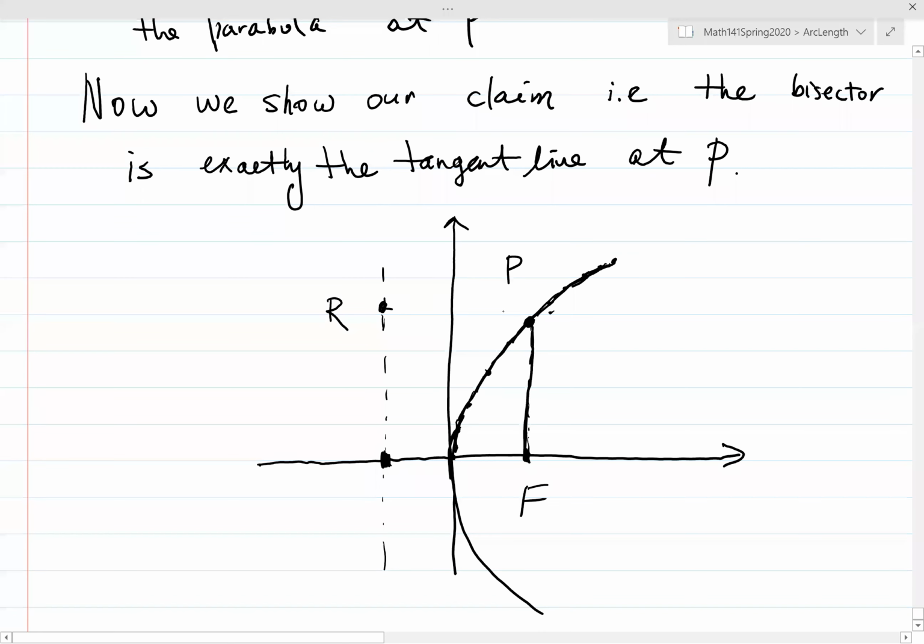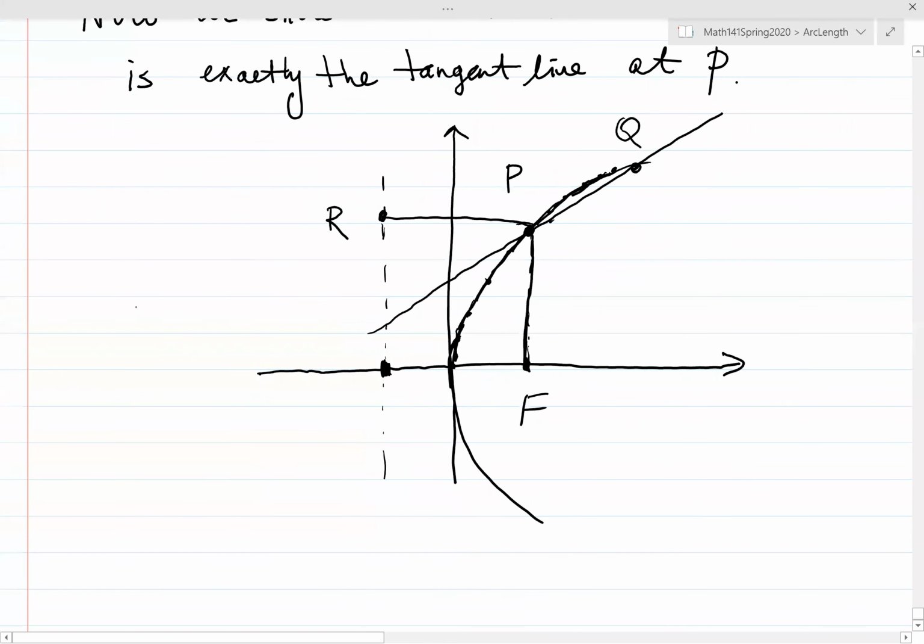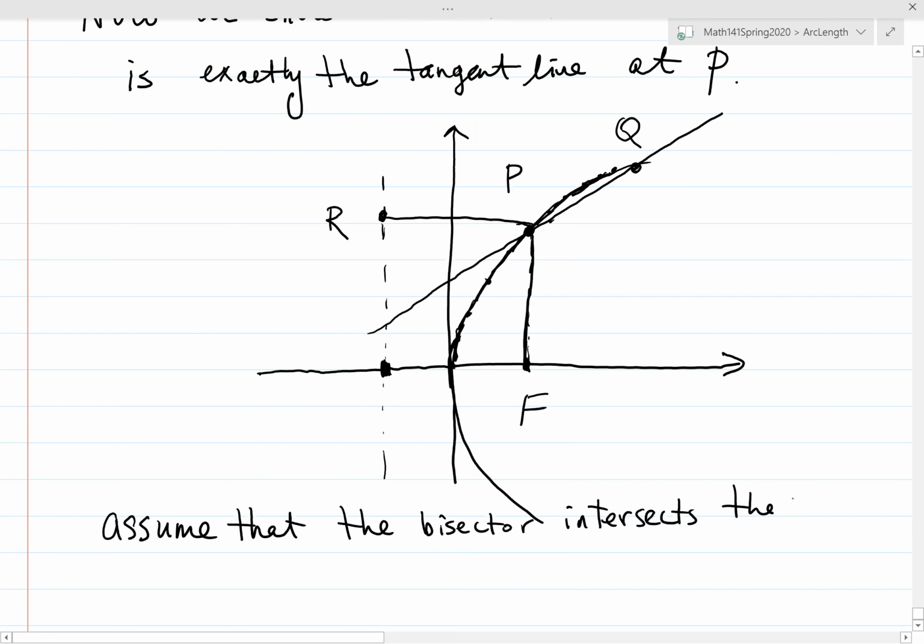Now we use geometry. Assume by contradiction that the bisector intersects the parabola at another point Q.